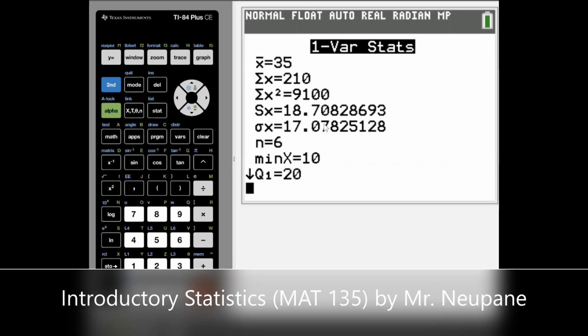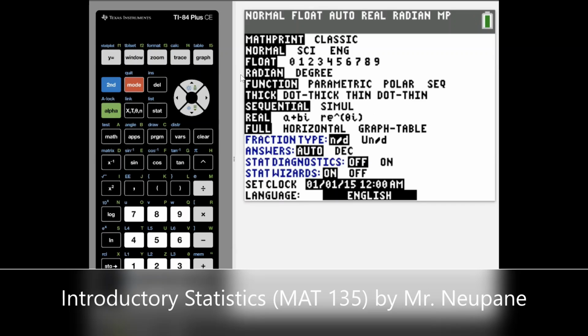17.0783. If you want to get the values up to 4 decimal places all the time, this is what you can do. You can go to mode, and then here you can see the numbers. Always set this to 4 and it will give you answers up to 4 decimal places all the time. If I select that 4, then whatever calculation I perform, I'm going to get all answers in 4 decimal places.